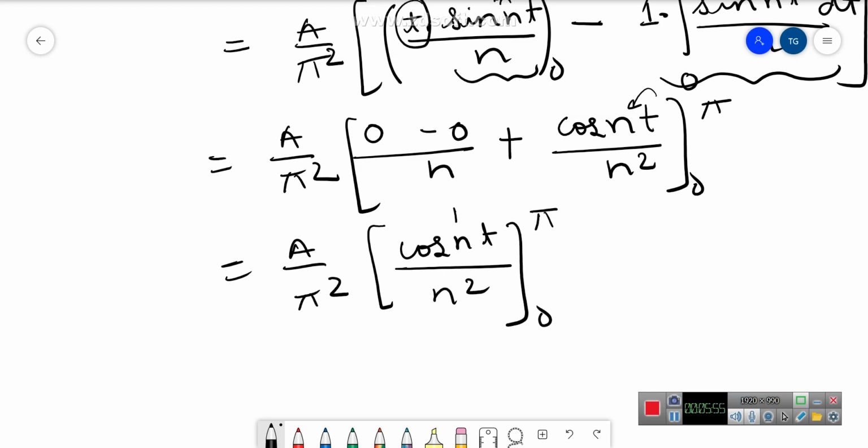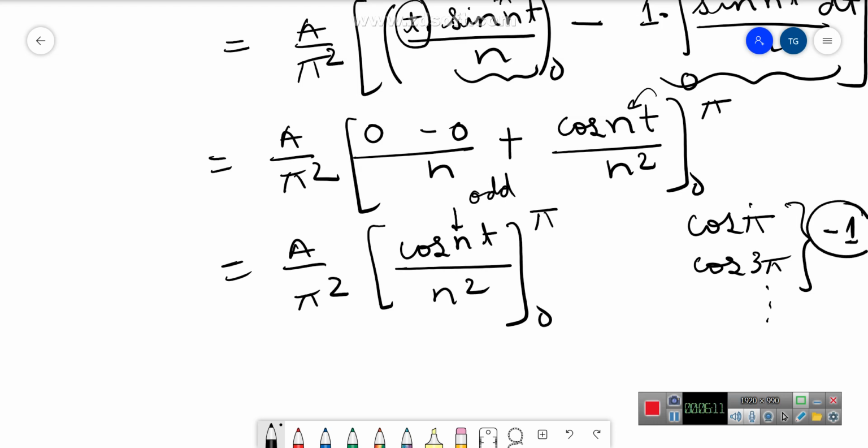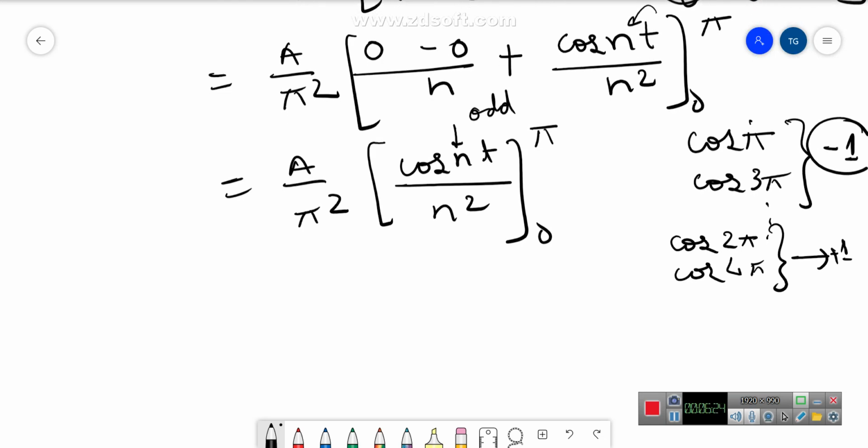So when our n value is odd, cos pi or cos 3 pi, for all odd n, the value is -1, and for all even n, that is cos 2 pi or cos 4 pi, for all even n, the value is +1. So just substituting, we will have two kinds of values for even n and odd n.